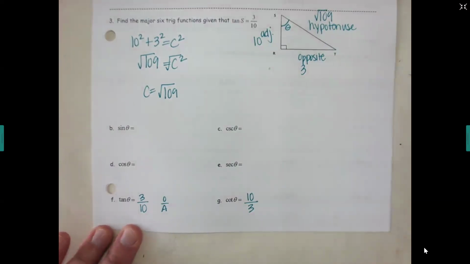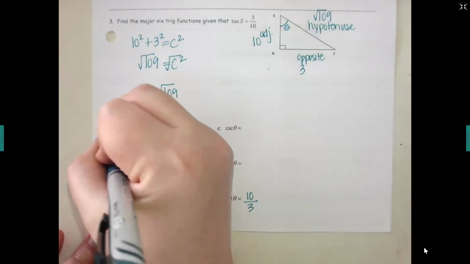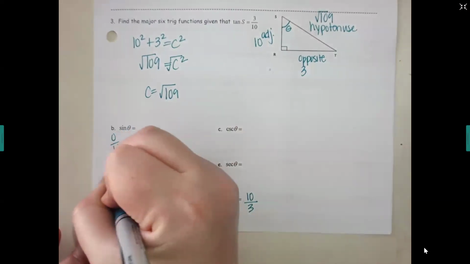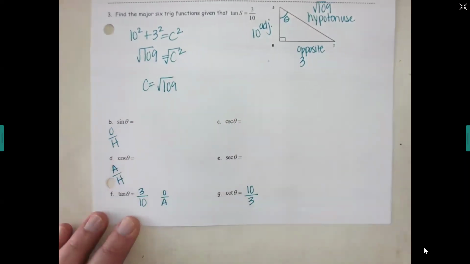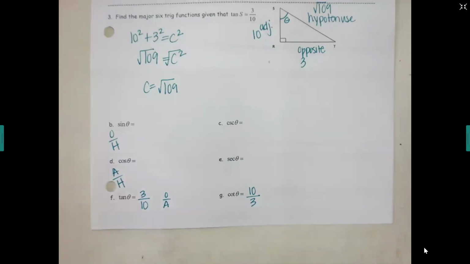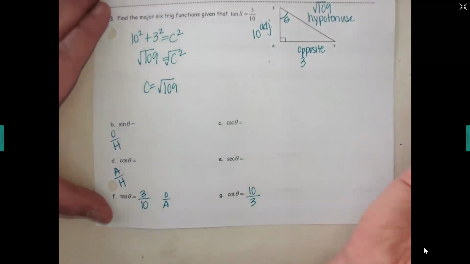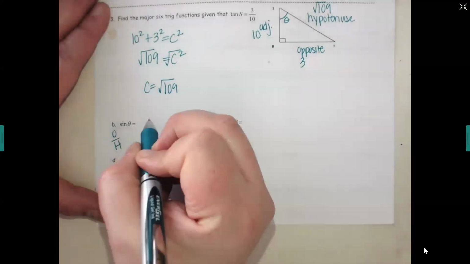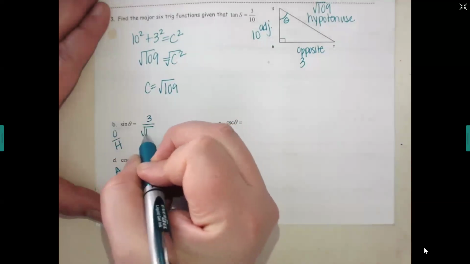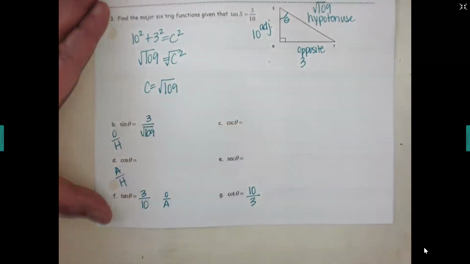So for sine, we know it's SOH. Cosine is CAH. And then notice I don't have to do TOA because they already gave me that one. So for sine, what is opposite over hypotenuse going to be off my triangle? 3 over root 109. And then remember, flip it now.